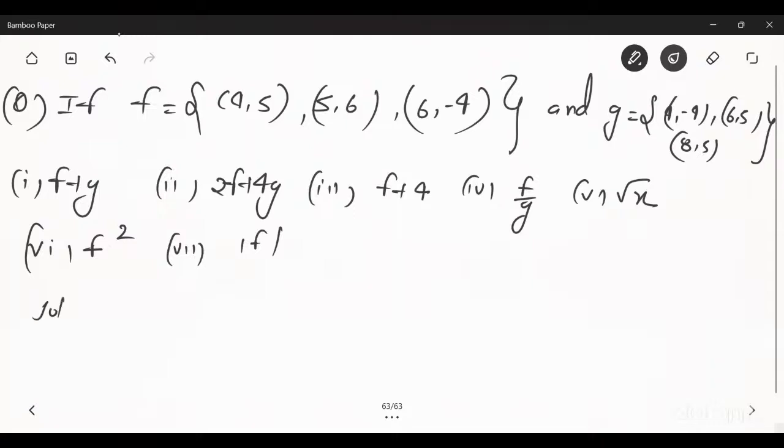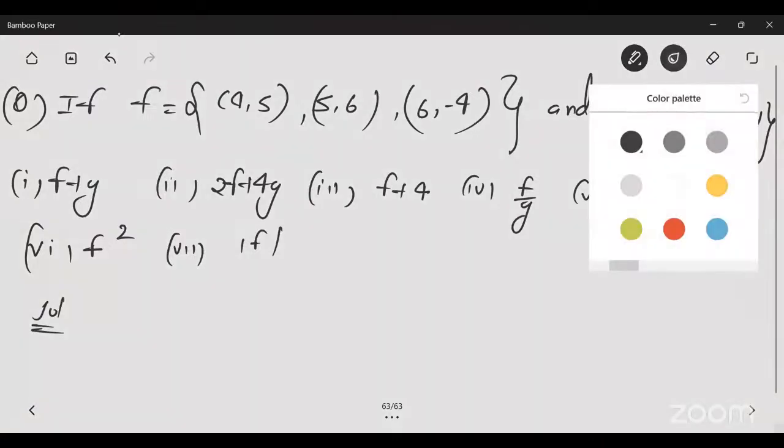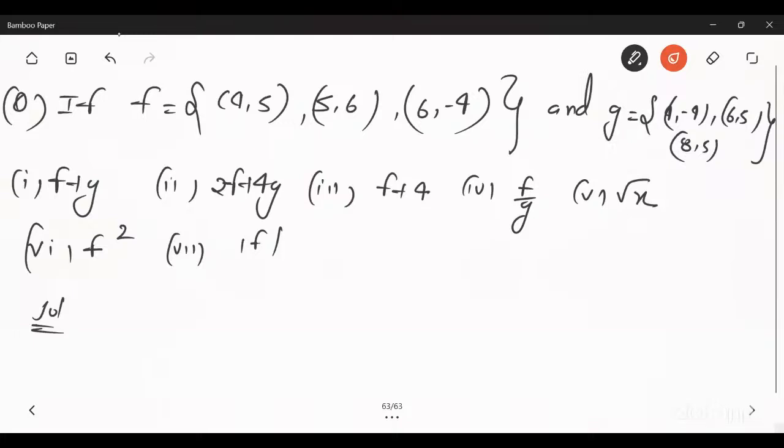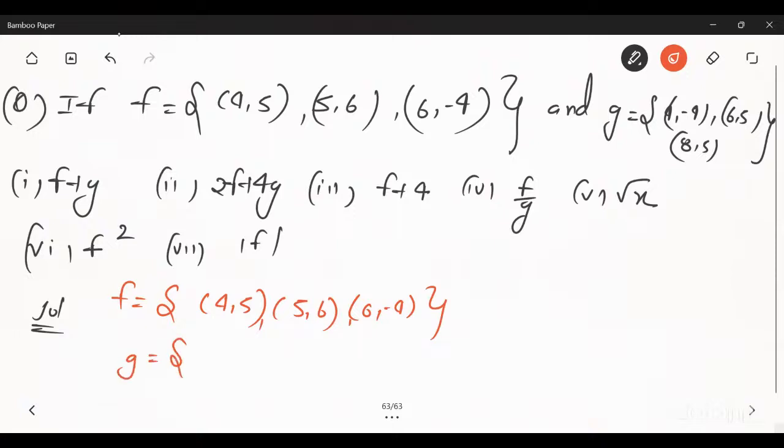So how can we find it? Now f is equal to {(4, 5), (5, 6), (6, minus 4)} and g is equal to {(4, minus 4), (6, 5), (8, 5)}.